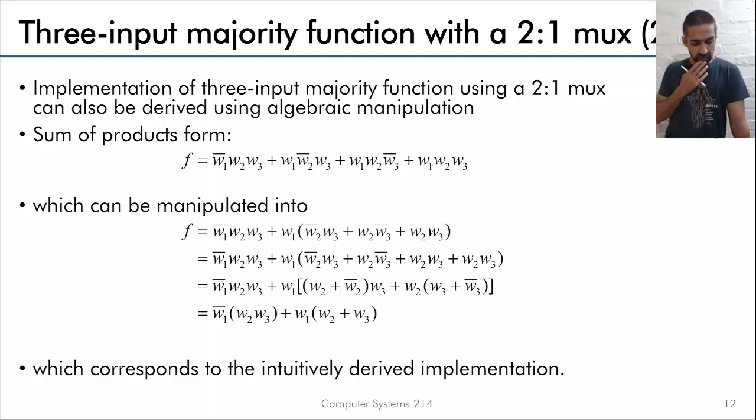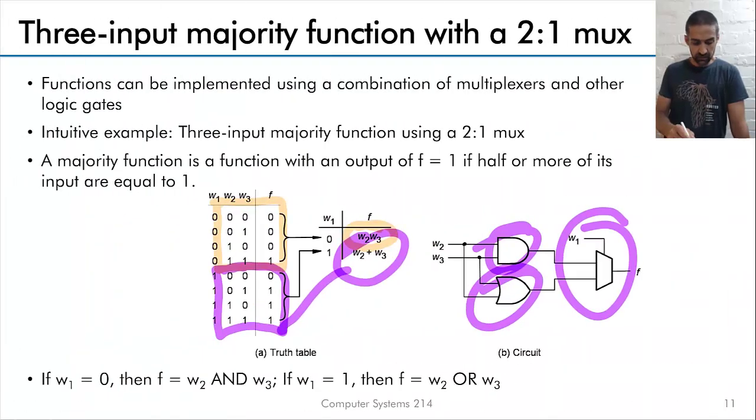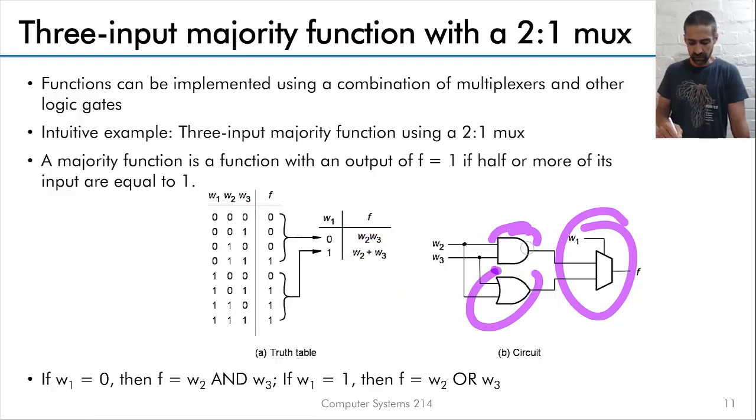Okay, so now the next question is, how do you do this 3-input majority function with a 2-to-1 multiplexer from the mathematical equation? So now we're going to do it with math, and now it's starting to lead a bit more deeply into Shannon's domain. So if we were to express this mathematically, and with this I mean this truth table, you take this truth table and just do the sum of products.